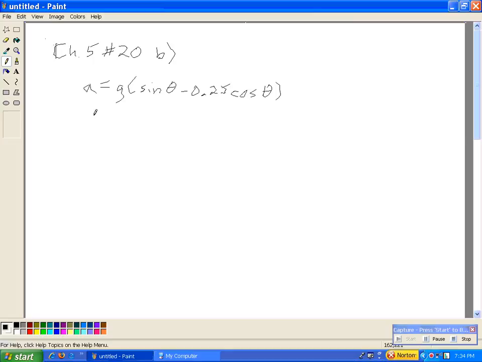Asking what will the tension in the cord be if theta equals 32°.